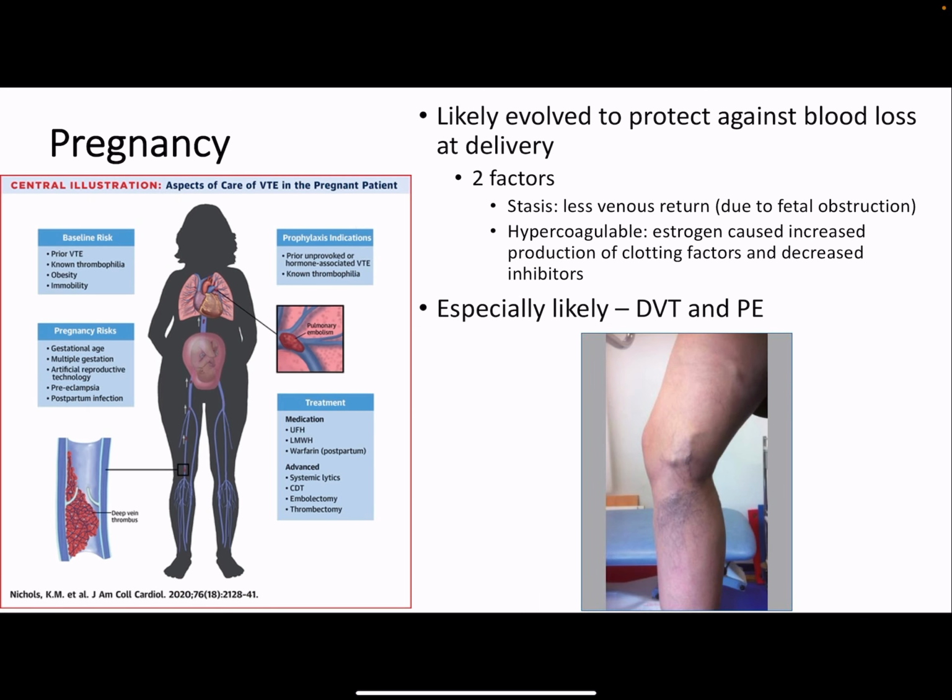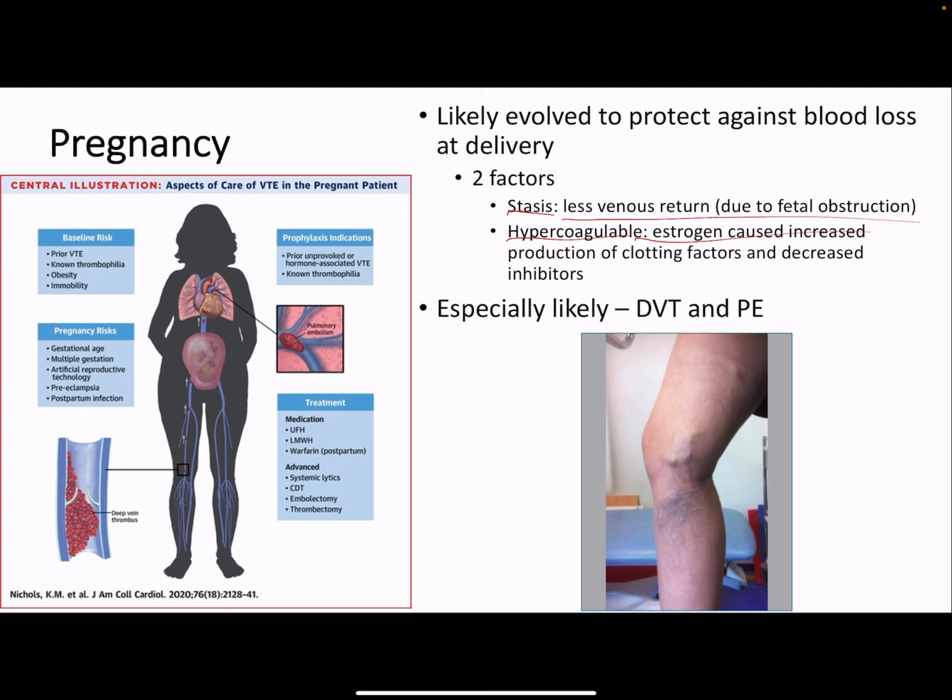Next one. All right, pregnancy. So this probably evolved as a mechanism to prevent blood loss at delivery, and it works by two mechanisms. One, stasis of blood. There's less venous return due to the fetal obstruction, and so that causes the pooling, which makes clotting more likely. At the same time, you are hypercoagulable. The increased levels of estrogen are going to increase clotting factor production and decrease inhibitor production.